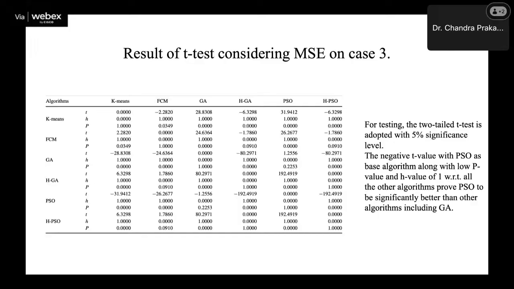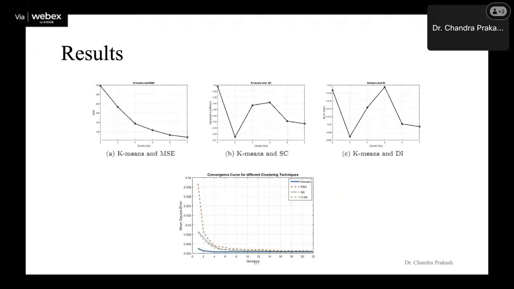The significance level was 5%, and with a negative t-test value, PSO, particle swarm optimization, was giving good results as compared to the other algorithms. So this proved statistically, using the t-test, that PSO performs well compared to the others for case 3. These are some of the results based on which we can identify what should be the appropriate number of clusters in a particular group.